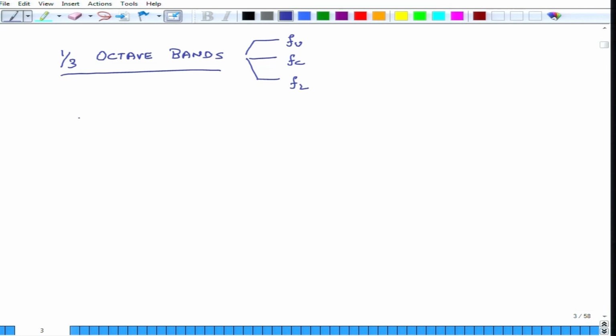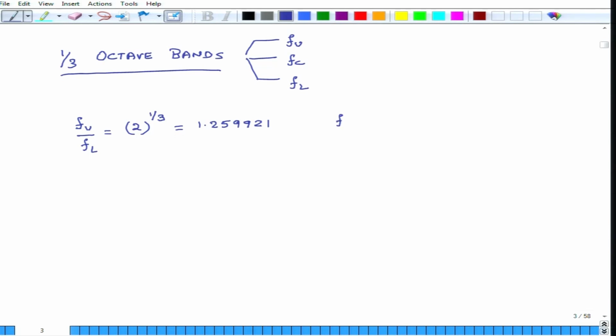And what is the mathematical relation? Fu divided by FL equals the cube root of 2. If you do the math, it comes to 1.259921. That is typically the ratio, but it is not exactly that all the time.